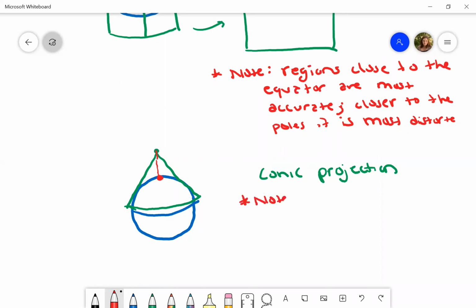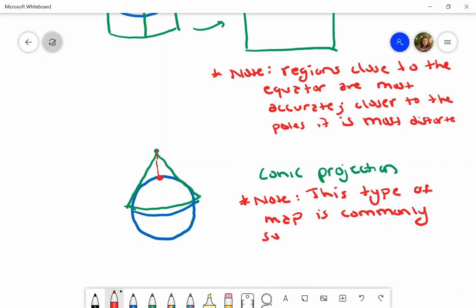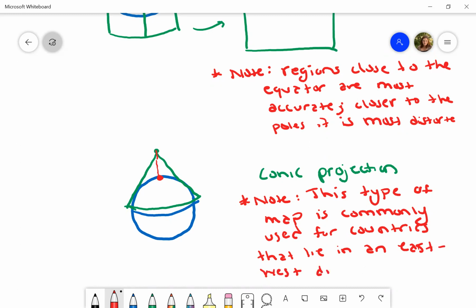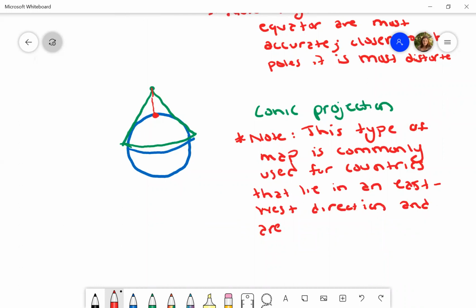Note, this type of map is commonly used for countries that lie in an east-west direction and are middle latitude countries.